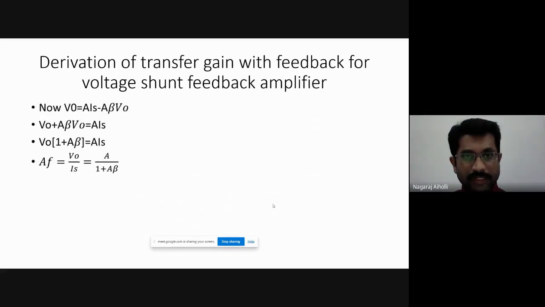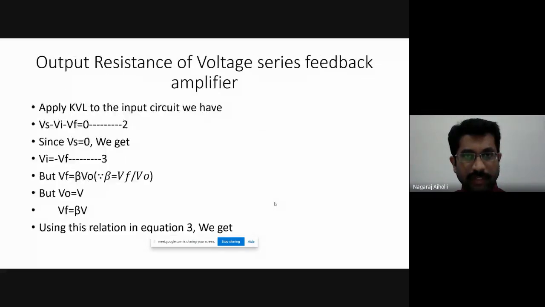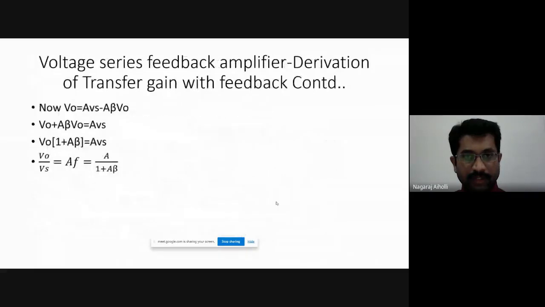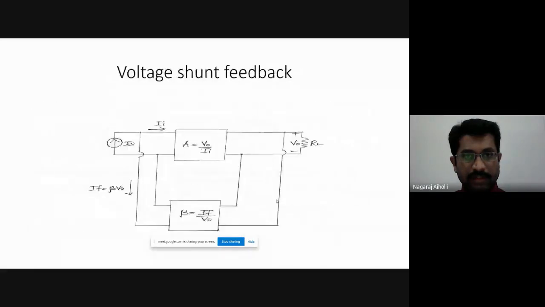If we look at the basic circuit of the voltage shunt feedback amplifier, we have the input current source Is. A is equal to V naught by Ii, and there is V naught at the output across RL. Beta is equal to If by V naught, or If is equal to beta V naught.